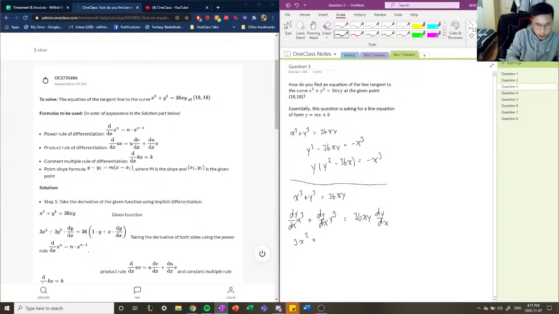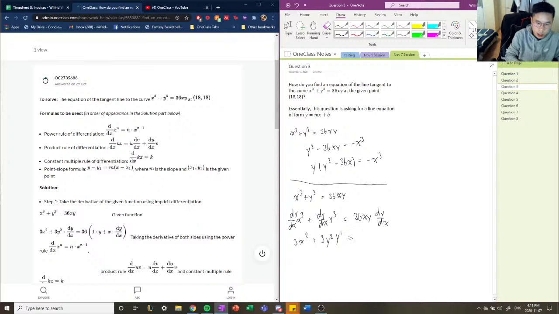We move this exponent down, so 3y squared. The chain rule suggests that we differentiate the outside function and then the inside function. So we move down the exponent and subtract 1 from it, and that's our outside function. Then we differentiate our inside function. But we don't really know what it is, so we're just going to say y prime for now.